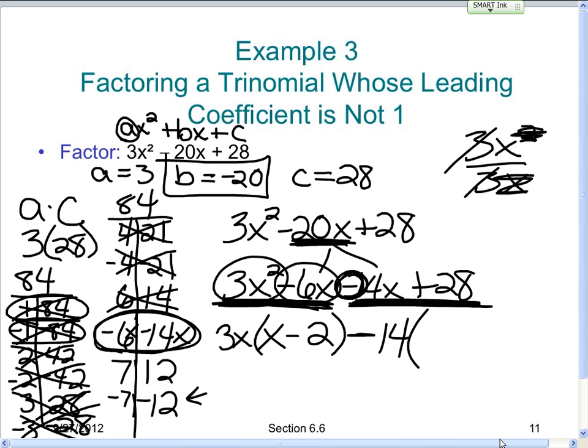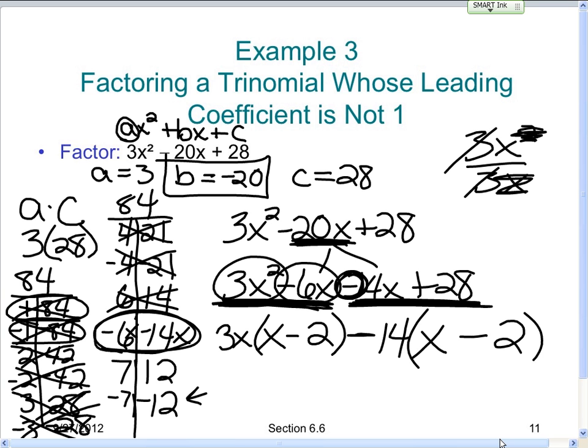Yes, you do have to put the plus. And I'm going to divide out negative 14. Be very careful. If I take negative 14x and divide out negative 14, I'm left with x. If I take 28 and divide out negative 14, I get a negative 2.